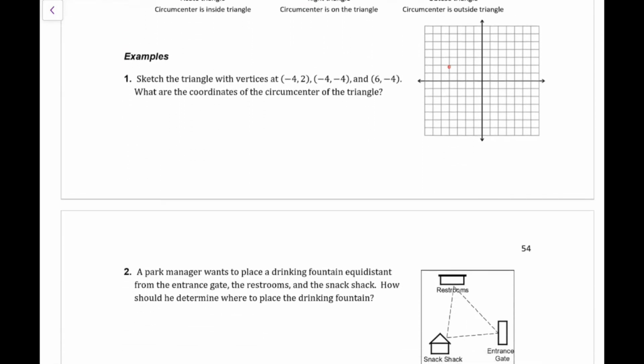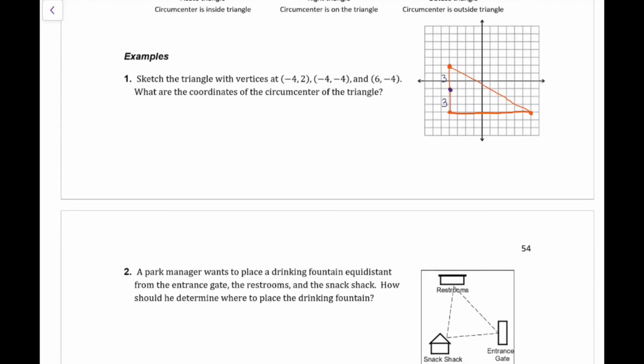Now looking at example 1, we're going to sketch the triangle with vertices (-4, 2), (-4, -4), and (6, -4). If I draw a right triangle, we're going to look for the coordinates of the circumcenter. So if it's a right triangle, it will be on the triangle.